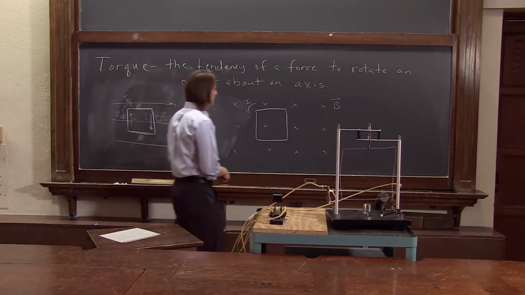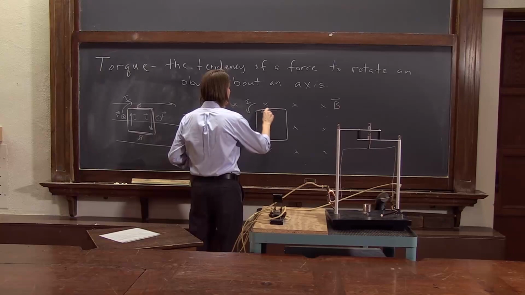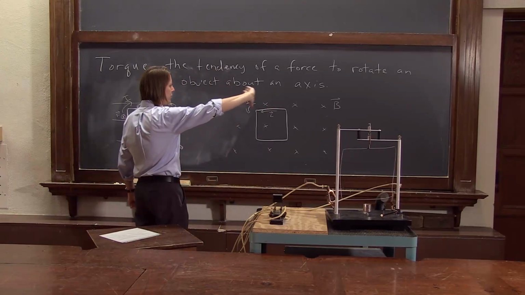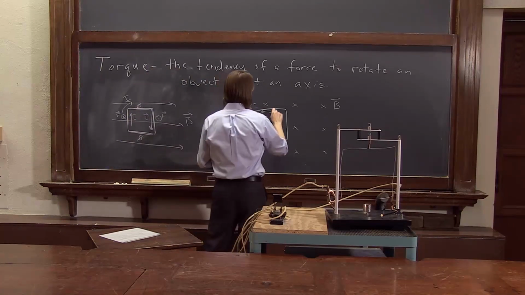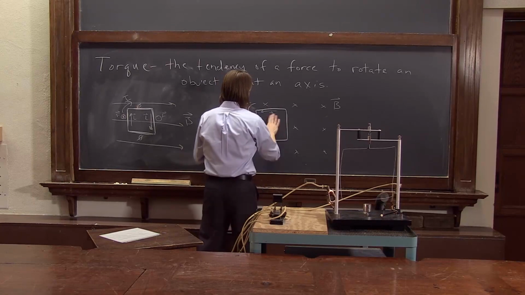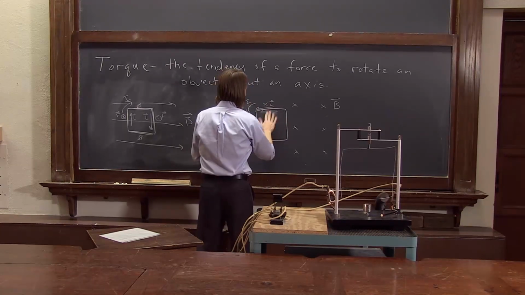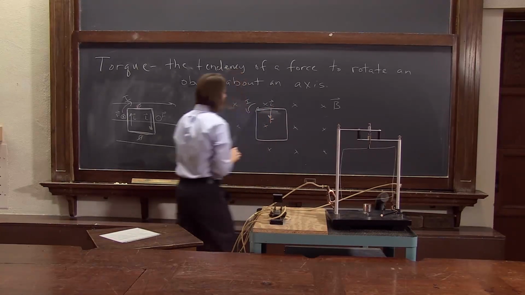All right, well, let's see. If we have the current going this way, then on this section, L is that way. So L crossed with B into the board, the force on this part would be down. I meant to draw this on the outside. So the force on the top section is down.